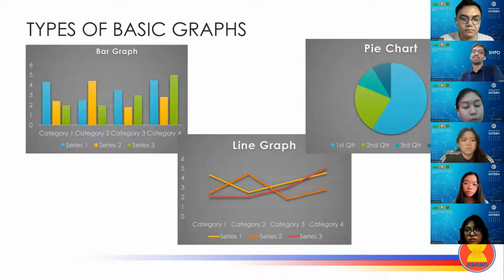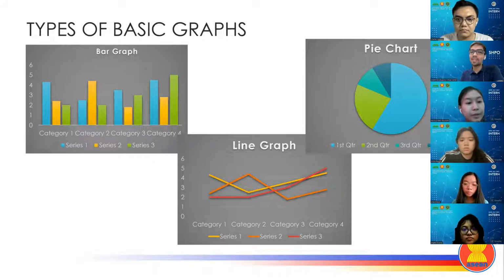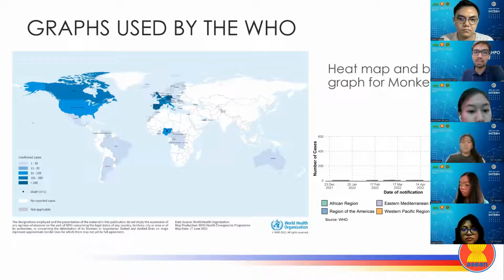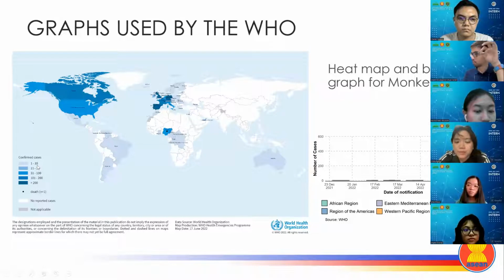But since we are in epidemiology and you're in college, graduating, so we do more complex graphs. So ito yung graphs used by the WHO. Ito yung heat map nila. As you can see in their left lower side, they're using two series monochrome na bar divided into segments.